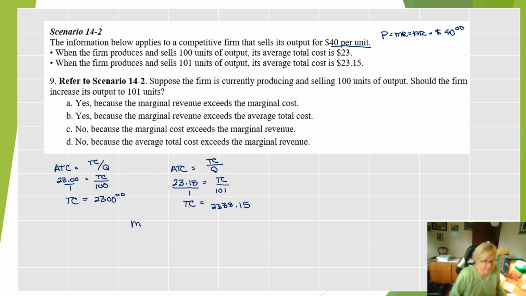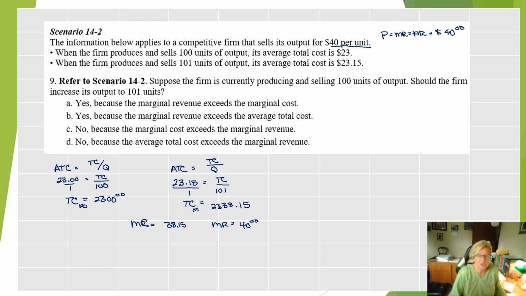Our marginal cost is equal to $38.15, the difference between our total cost at 101 and our total cost at 100. I'm sorry, that should be our marginal cost, sorry. Marginal revenue is equal to $40.